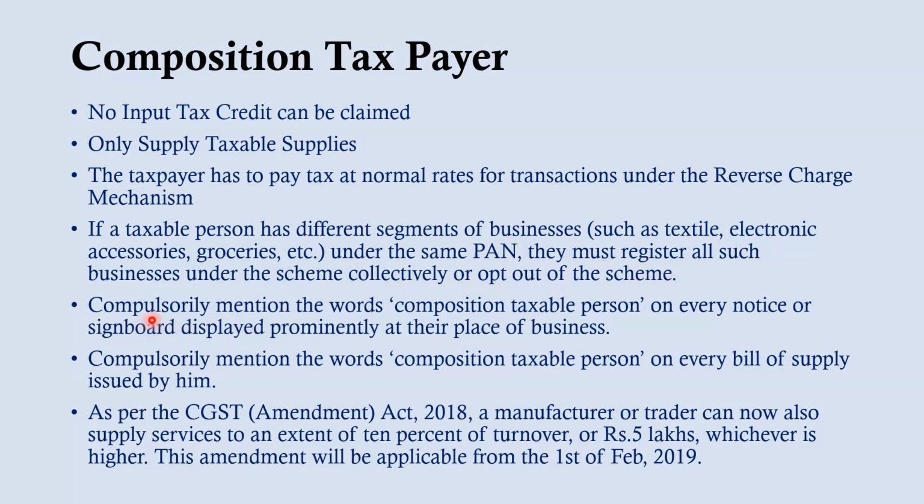They are supposed to compulsorily mention that they are a composition taxable person on each notice or signboard displayed for advertisement or marketing at their place of business, so that everyone is aware that this is a composite taxable person.